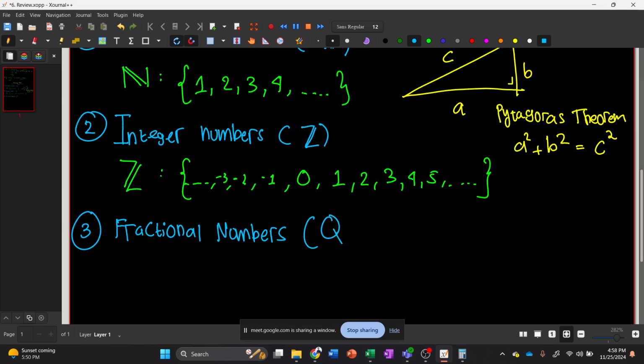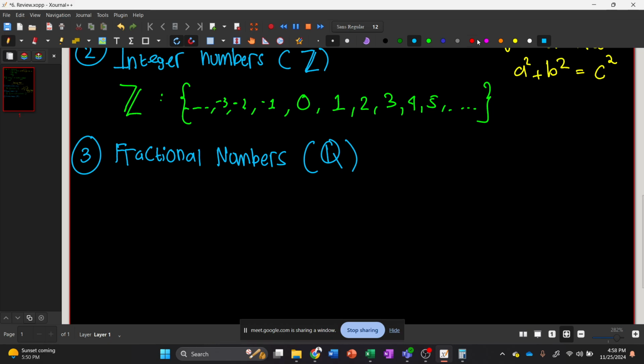The fractional number is 1 over 2, or maybe 2 over 4, 3 over 6.